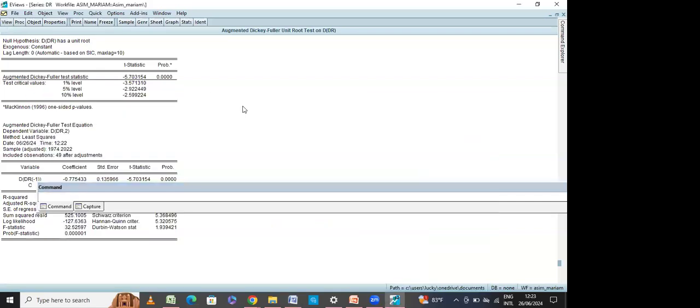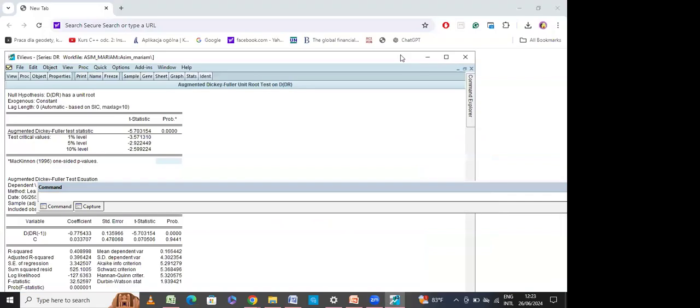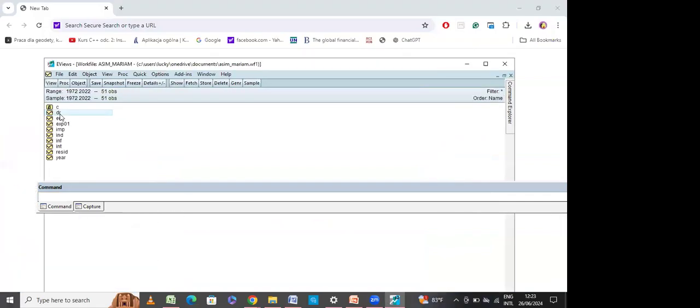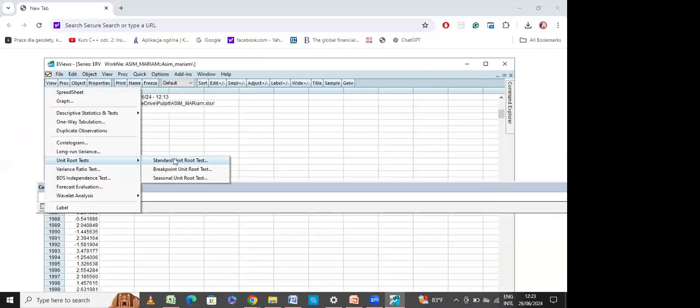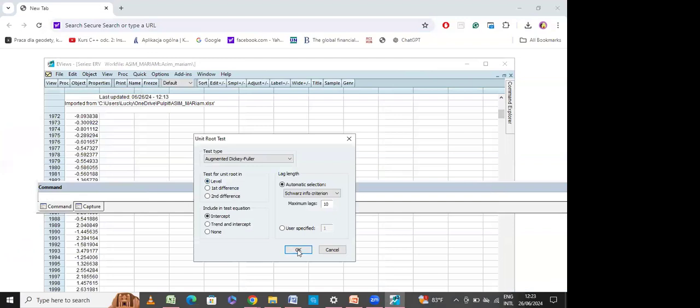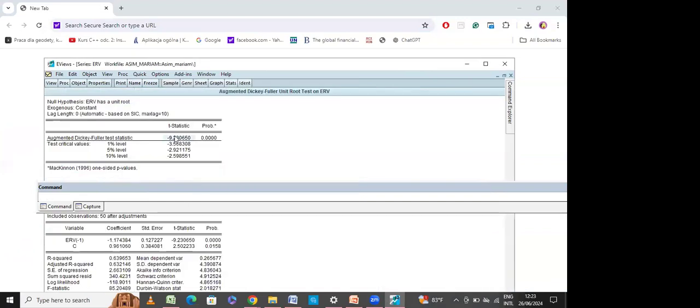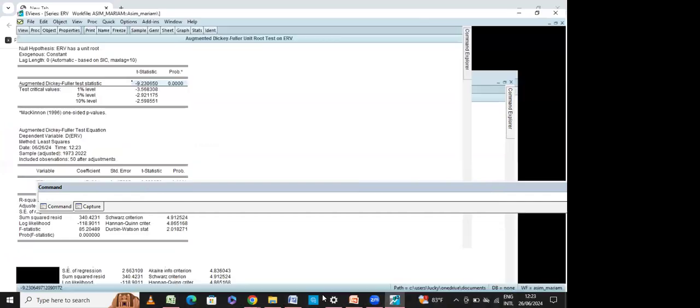Same thing. I am just going to close this one. Now, this is my other variable. Same thing: go to the unit root at level. This one is stationary at the 0.00 level of significance.